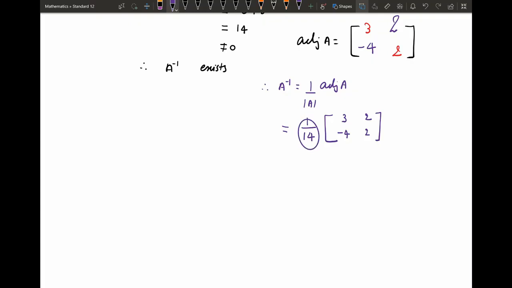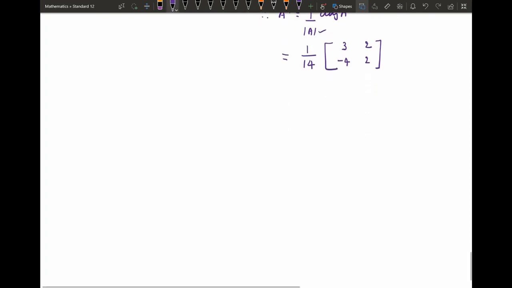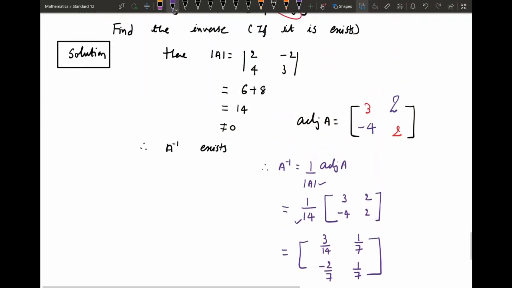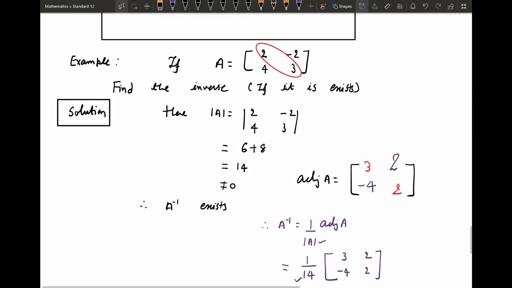This is 1 upon determinant A, that means each entry is divided by 14. So the final answer, A inverse, will be 3 by 14, 1 by 7, dividing each entry by 14, minus 2 by 7 and 1 by 7. So this is our required inverse for the given 2 by 2 square matrix.